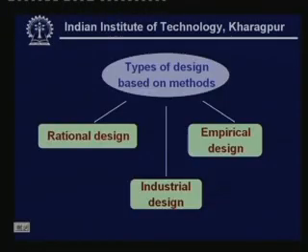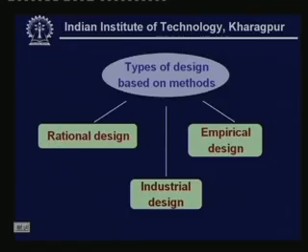Now, we can see the types of design when we classify them based on methodologies. Earlier we talked about what could be the types of designs, and this is the method based design, meaning what are the methods by which we do a design problem.